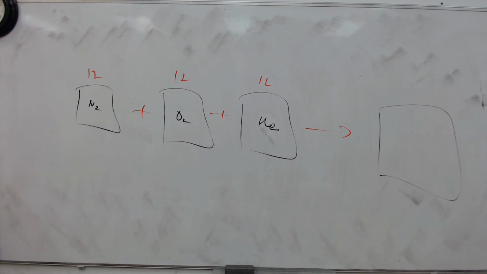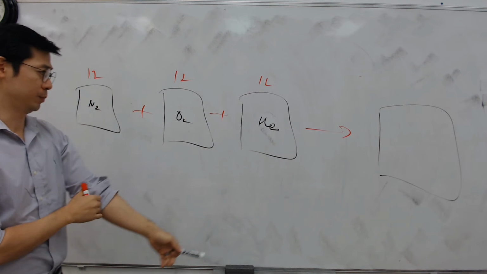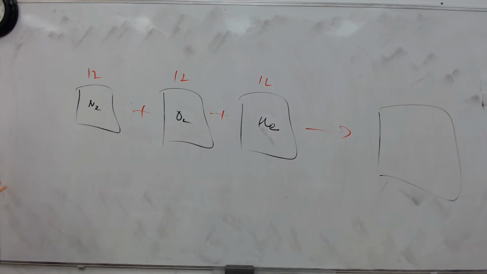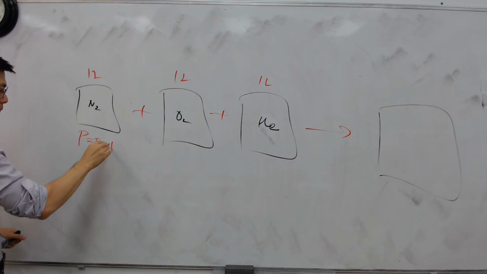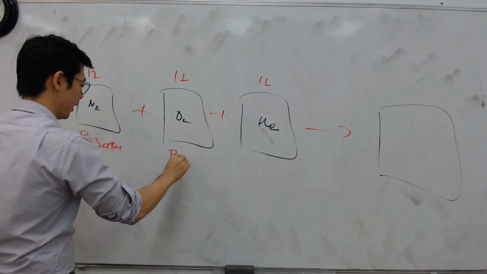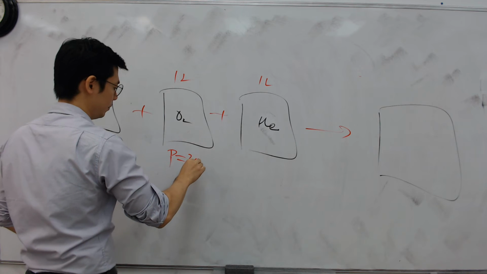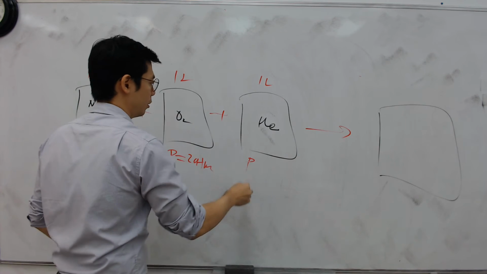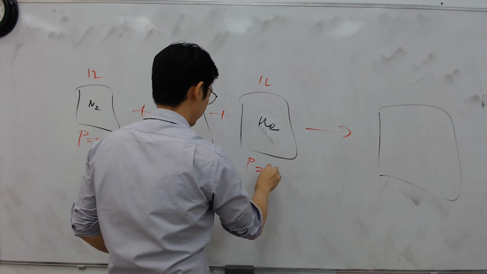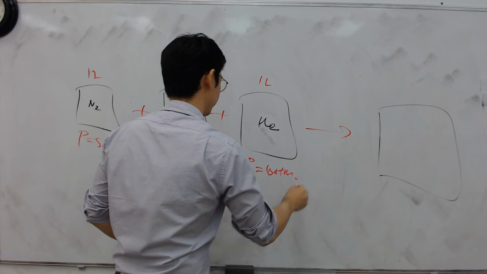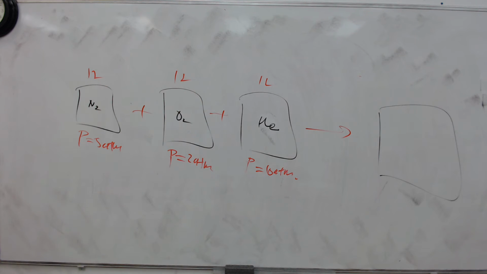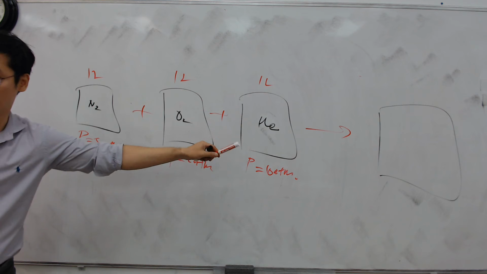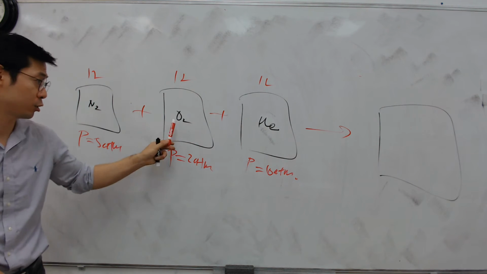So I have 3 gases here: N2, O2, and helium. The pressure of the N2 gas is 5 atm. The pressure of the O2 gas is 2 atm. The pressure of the helium gas is equal to 10 atm. So 5, 2, and 10 atm for nitrogen, oxygen, and helium.